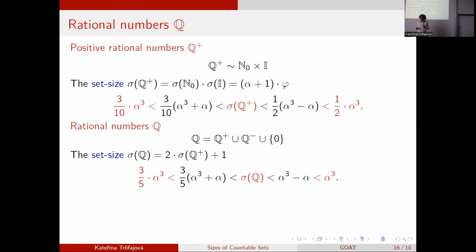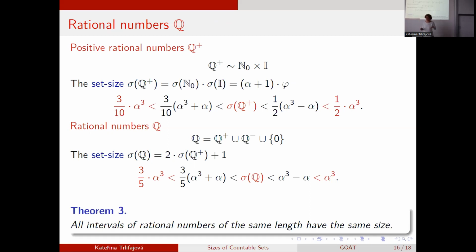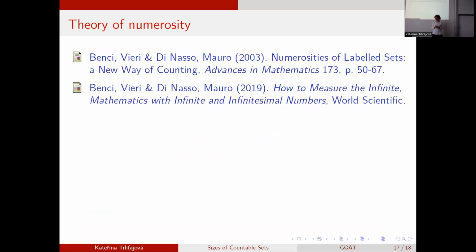Moreover, it's possible to prove that all intervals of rational numbers of the same length have the same size. If we take all unit intervals, they have the same size, and then all intervals of the same length have the same size, which is very important. It is also consistent with Bolzano's request on intervals of quantities.